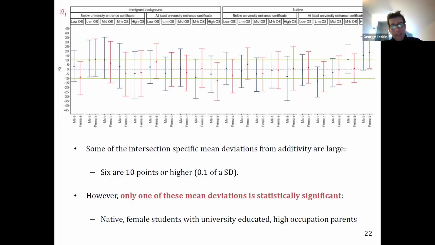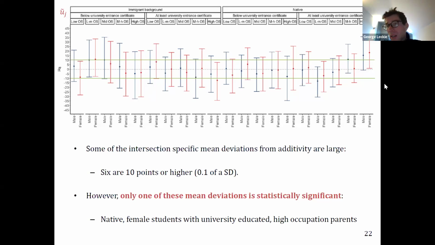Having said that, 6 of these 40 intersections deviate by 10 points or more, which is 0.1 of a standard deviation or more. And indeed, the one significant one is about 20 points, so that's 0.2 of a standard deviation.